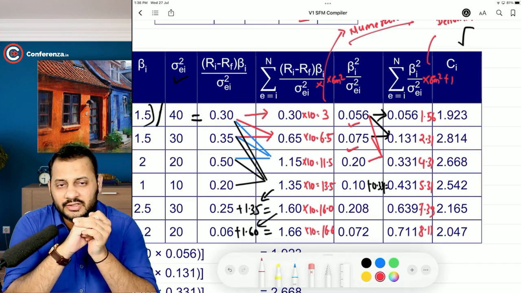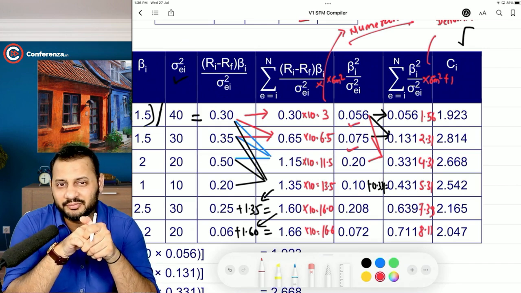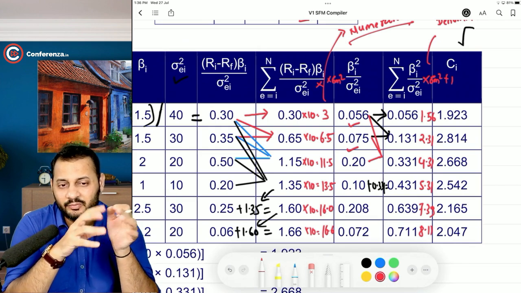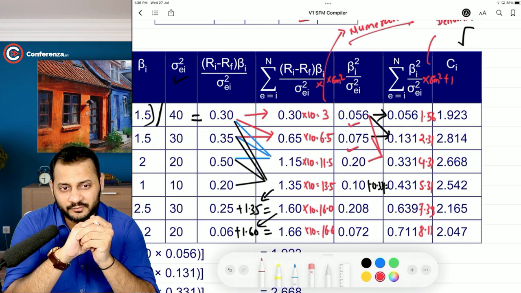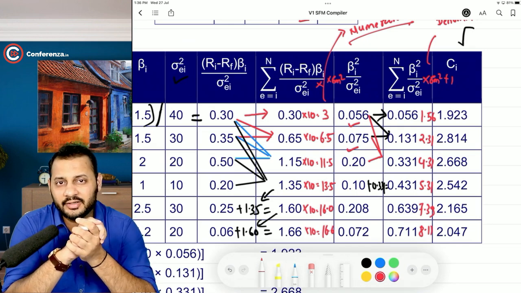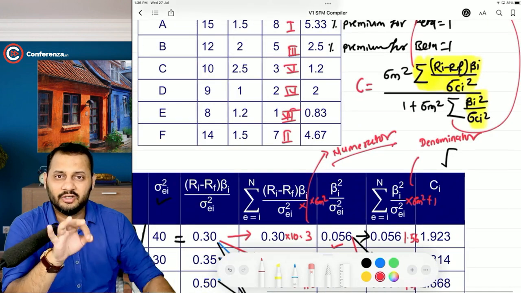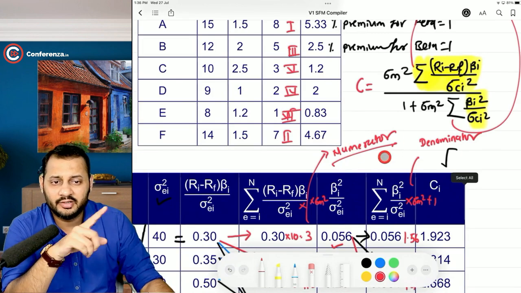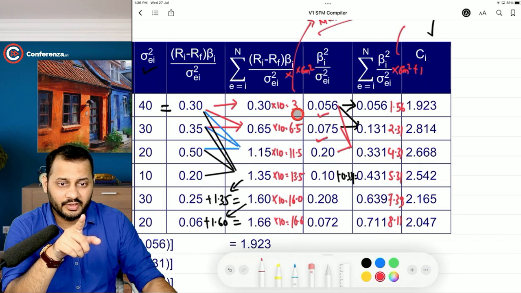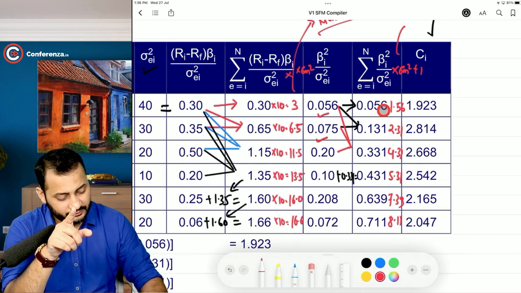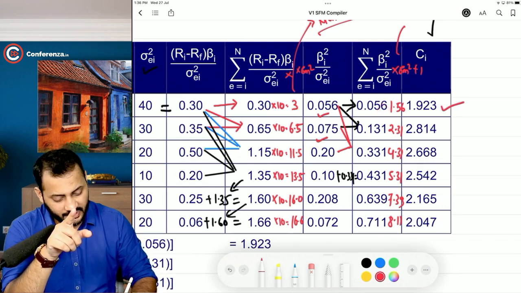You can just do it. Once you get to know about a couple of calculations in the beginning, it will be very easy if you apply the smart mind for the rest of the calculation. So we have the numerator and denominator ready. Let's do the numerator divided by denominator. Very simple. What is the numerator, sir? 3 divided by 1.56 comes to 1.923.